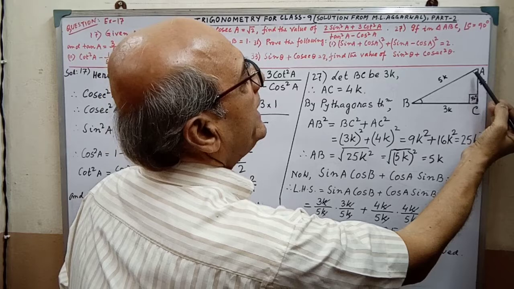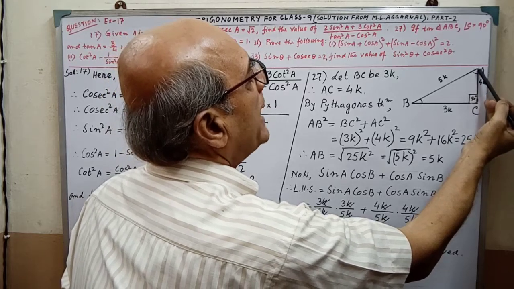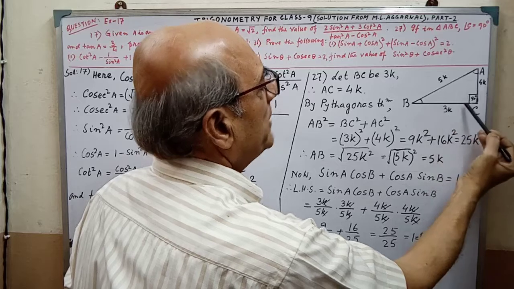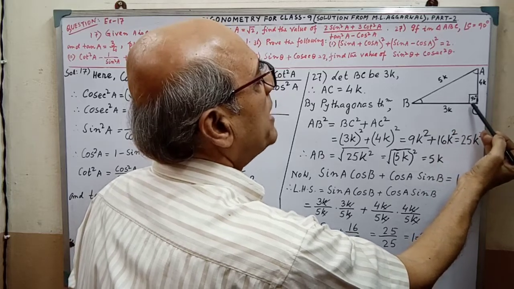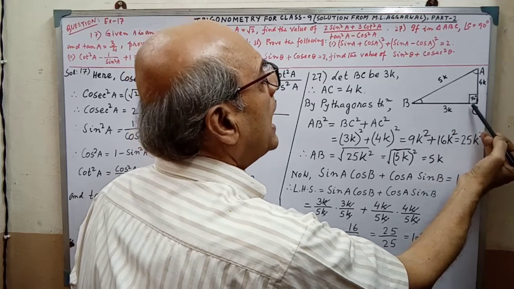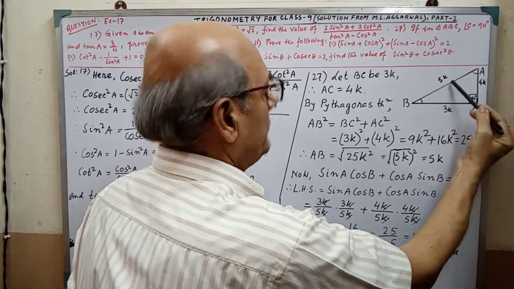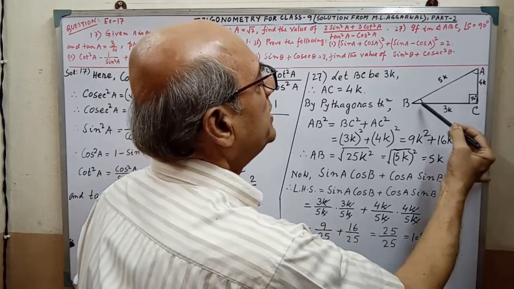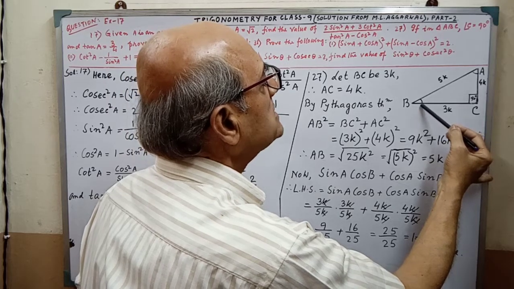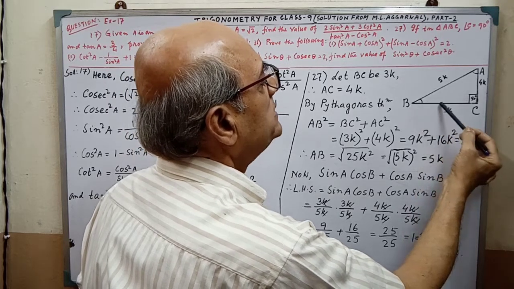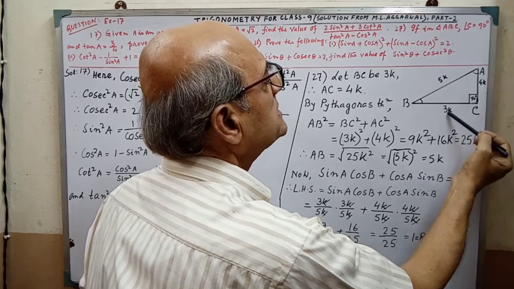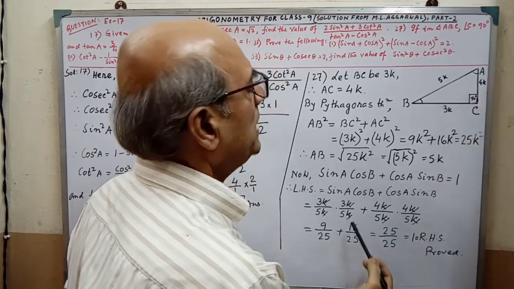Sine A, the angle is forming at A, so naturally AC is the base and this is the perpendicular. Sine A is perpendicular by hypotenuse, that is 3K by 5K. Then cos B, the angle is forming at B, so naturally BC is the base by hypotenuse, that is 3K by 5K.